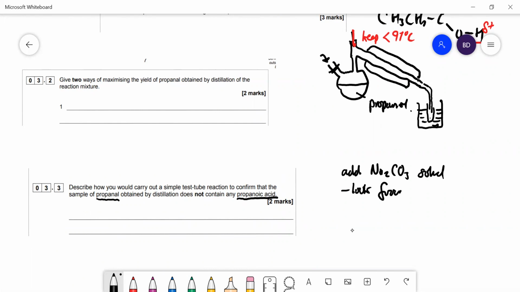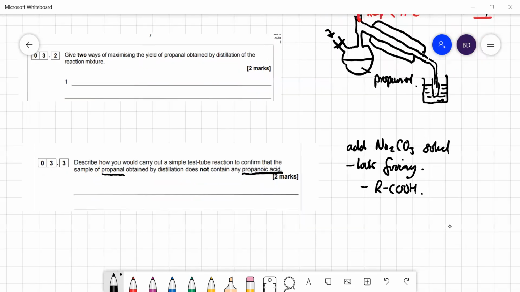If there's any fizzing, it means you've got a carboxylic acid in there. No fizzing, you haven't. So you're looking for the absence of effervescence. And the main reason people got that question wrong, I think, is because they didn't read the question correctly, and they just jumped to it and said, "Oh, prove propanal is there with Tollens or Fehling's."